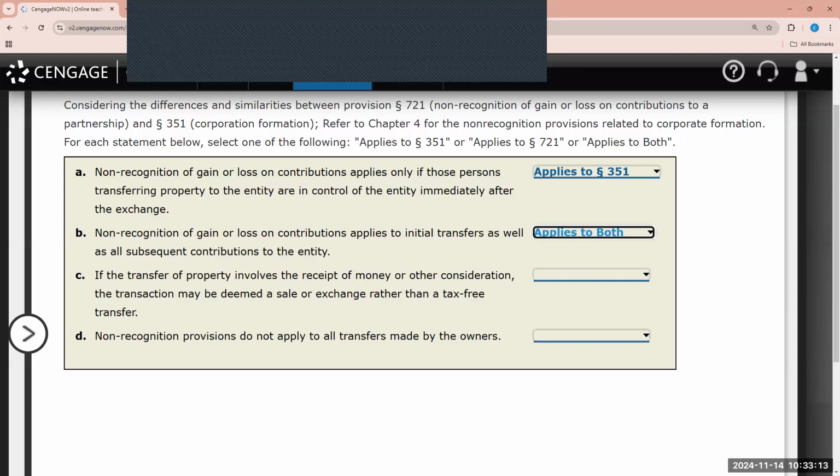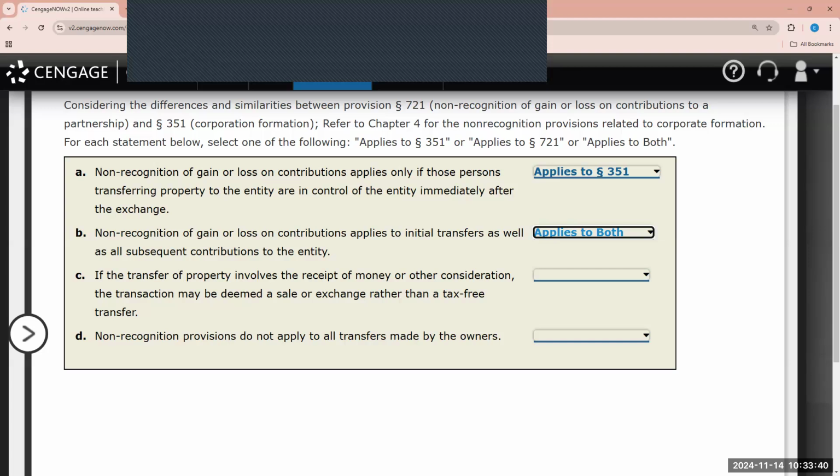C states, if the transfer of property involves the receipt of money or other consideration, the transaction may be deemed a sale or exchange rather than a tax-free transfer. Under section 721, the contributor needs to receive an interest in the partnership, whereas under section 351, the transferor needs to receive stock in the corporation.